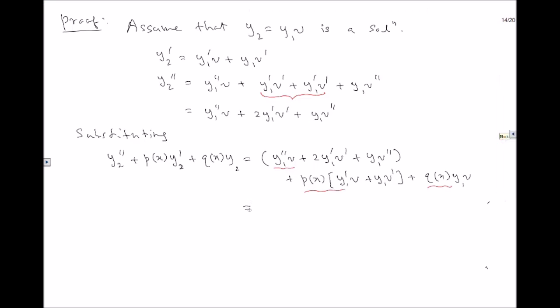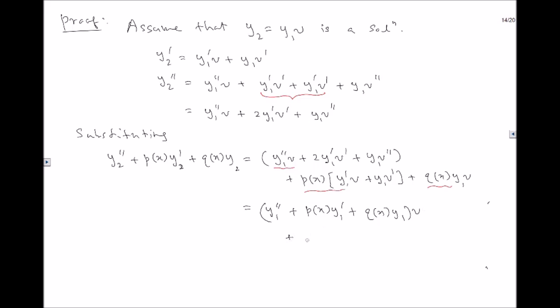If you do that, you get y1 double prime plus p(x) y1 prime plus q(x) y1, and v is a factor of all of them, so we can take it out.